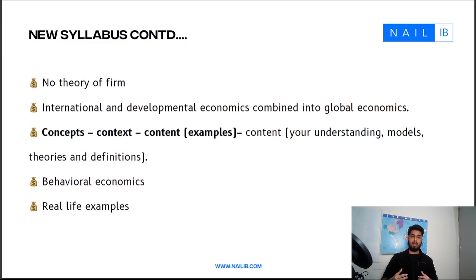And when I was doing economics in high school, we had 4 sections: microeconomics, macroeconomics, international economics, and developmental economics. What has happened now is that there are only 3 sections now, right? Micro, macro, and international and developmental economics has been merged into global economics. So there are now only 3 sections, right? So that's good for all of us because it leaves us a lot more time to practice the concepts.